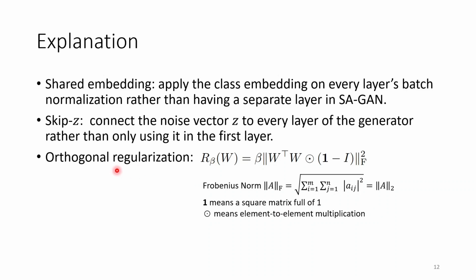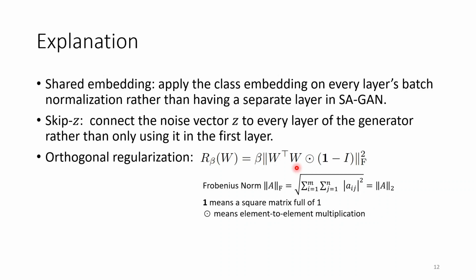So here they apply an orthogonal regularization. W is the parameters, and with this form, they want those parameters to be orthogonal to each other, but they don't restrict the length to 1.